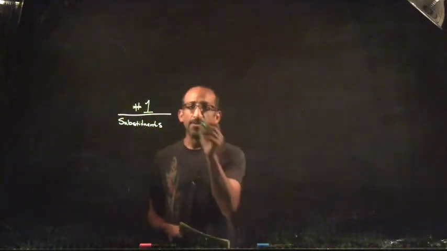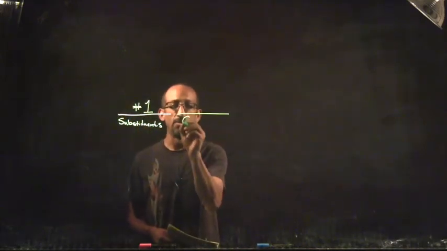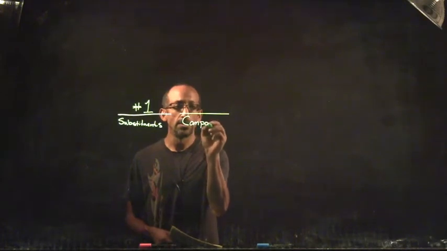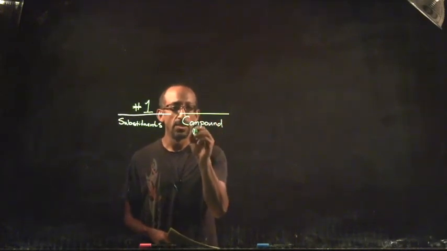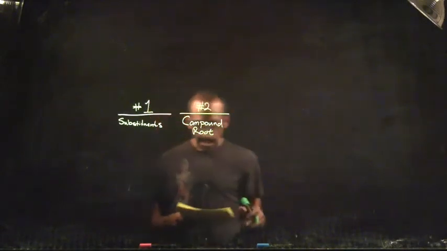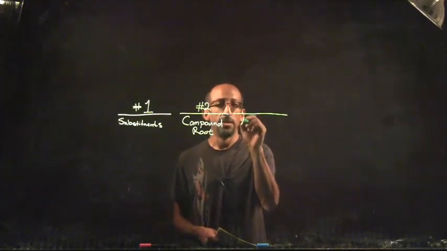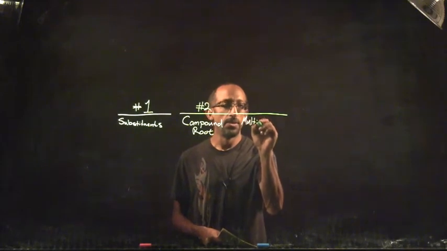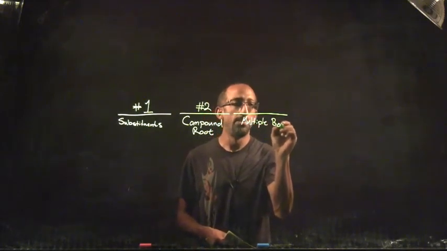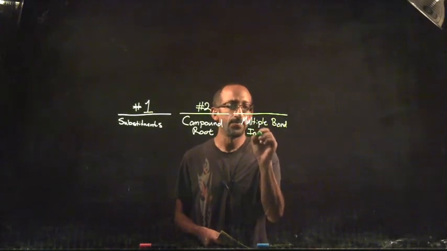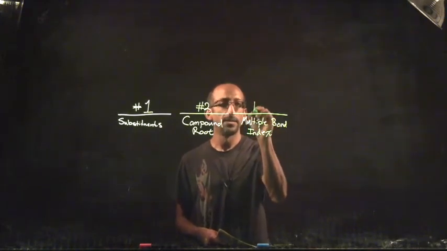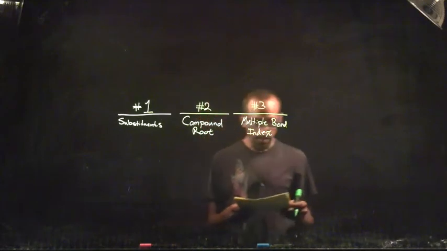At the very beginning are substituents. This is field number 1. After that comes what we call the compound root. This is field number 2. After the compound root comes what we call the multiple bond index. That's field 3.